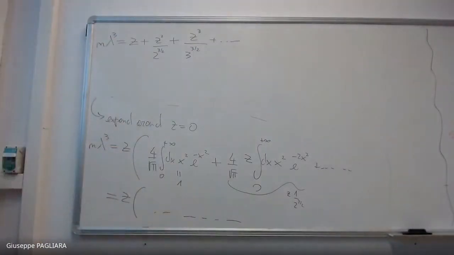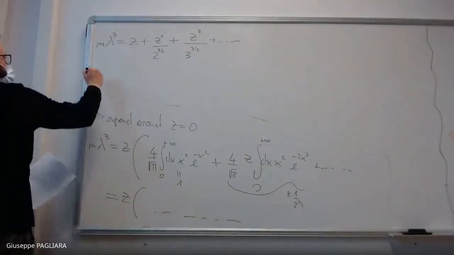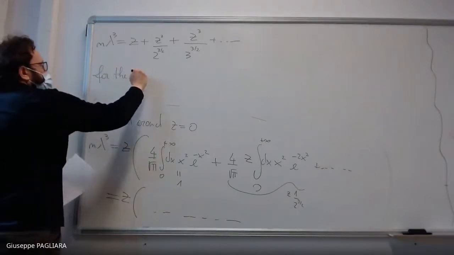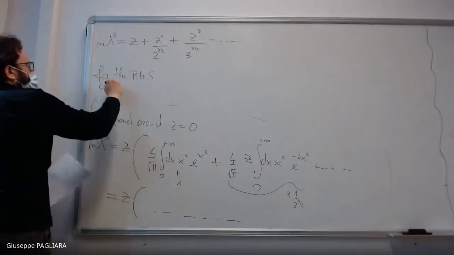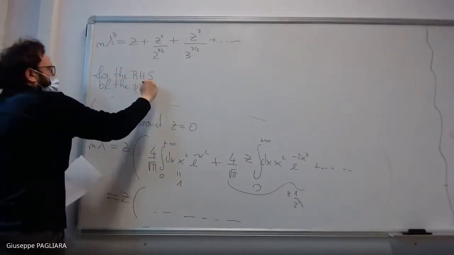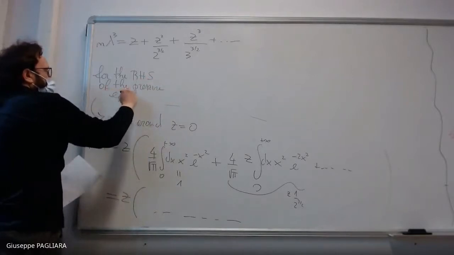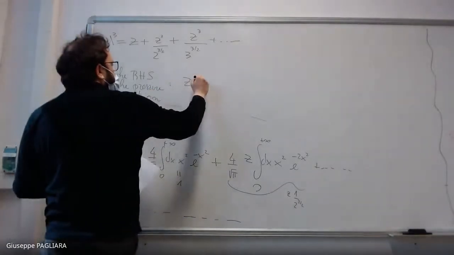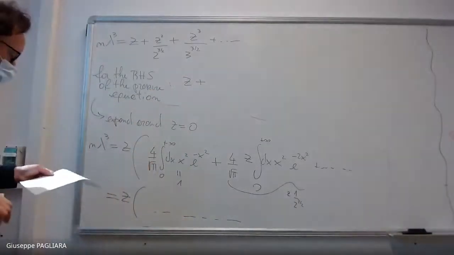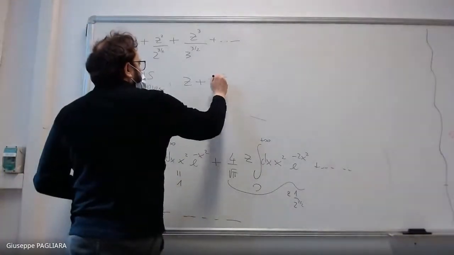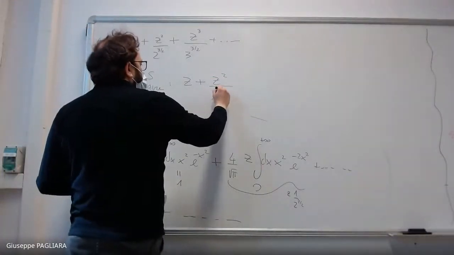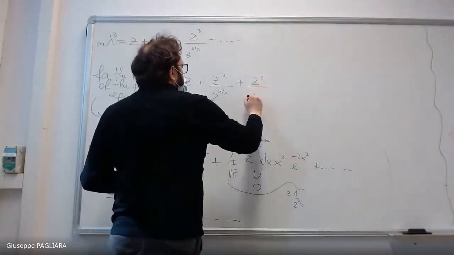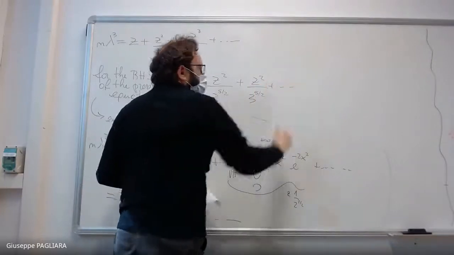For the pressure, for the right hand side of the pressure equation, similarly, one gets a similar series that is again z at leading order, then z squared over 2 to the power of 5/2, plus z cubed over 3 to the power of 5/2, plus all the other terms.